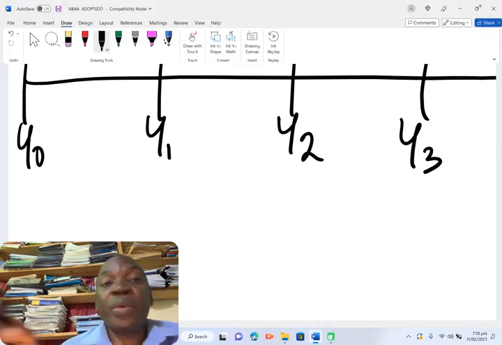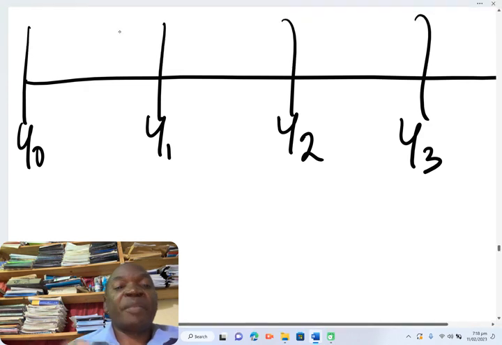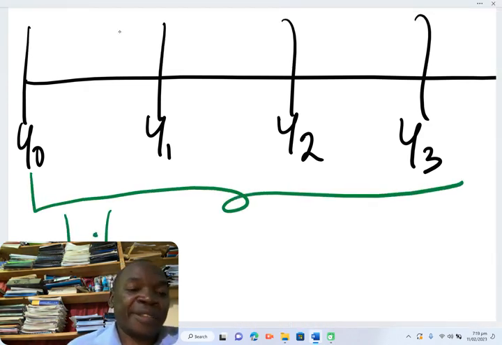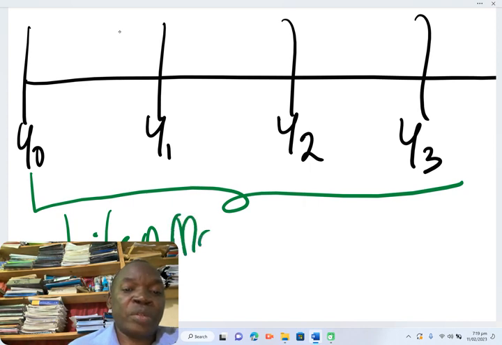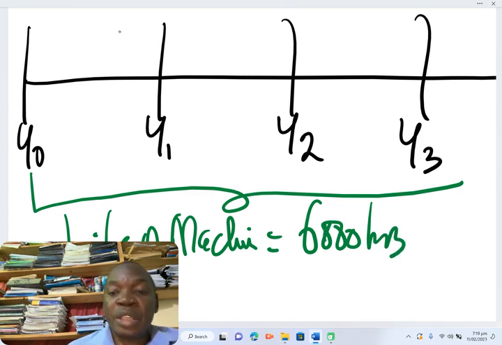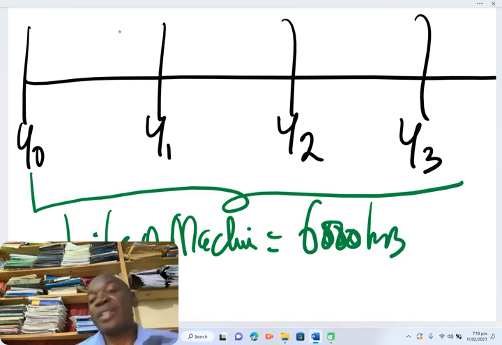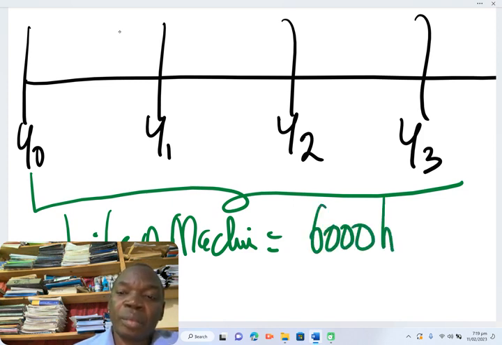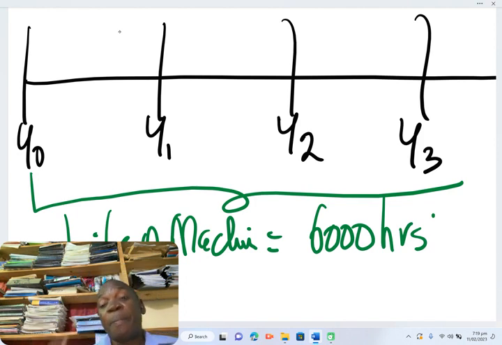Kwa hiyo kwenye kuisoma hii swali wanasema the life of the machine is 600 machine hours. Yaani machine hours elfu ngapi? 6,000.